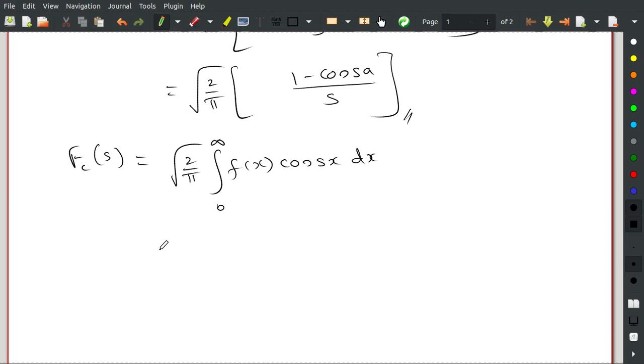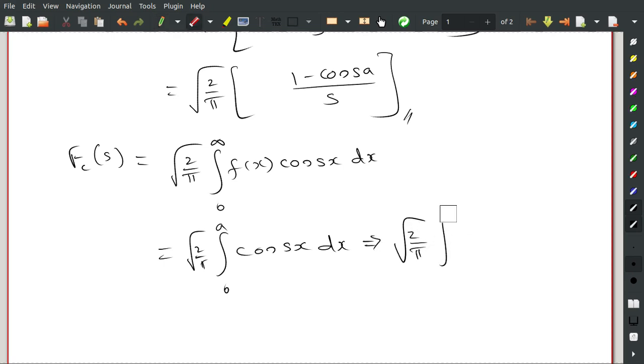Similarly, we have root 2 by pi integral 0 to a, and the other limit becomes 0, cos sx dx, which is nothing but root 2 by pi, and upon integration we have sine sx by s, and the limit is from 0 to a.